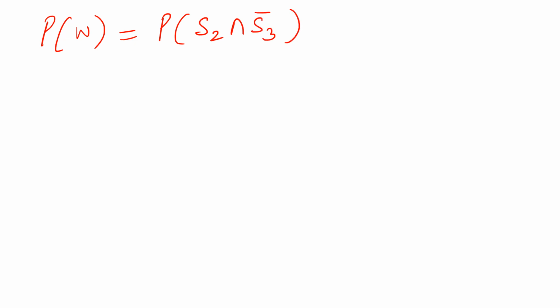Now students, the event W refers to the situation when S2 can solve the problem but S3 cannot solve the problem. So that means probability of W is actually probability of S2 intersection S3 bar, and this is given as 1 upon 12.